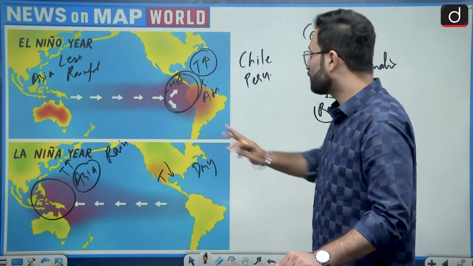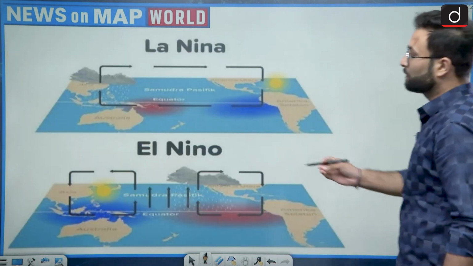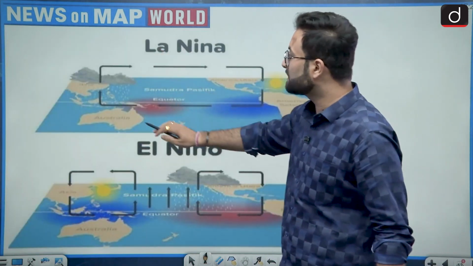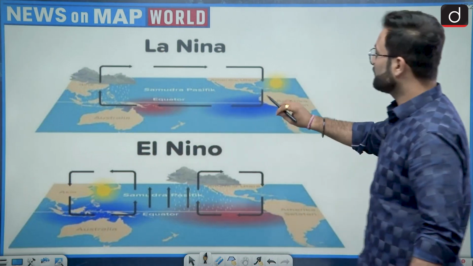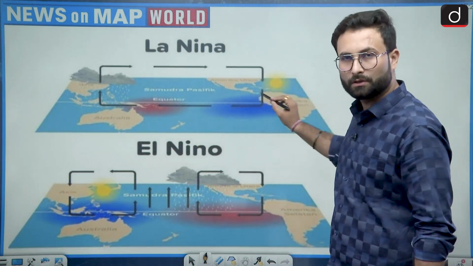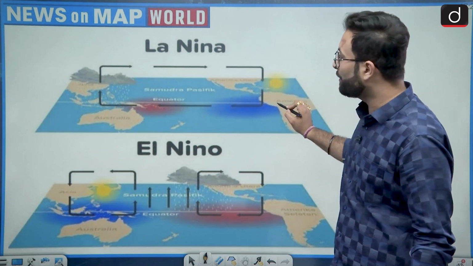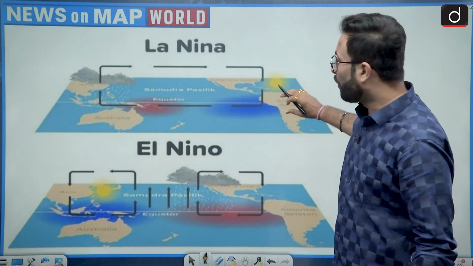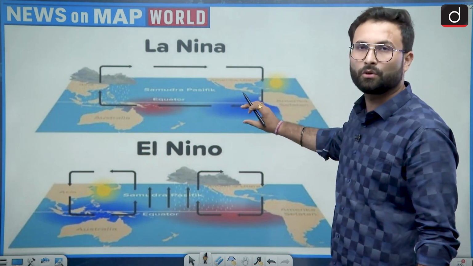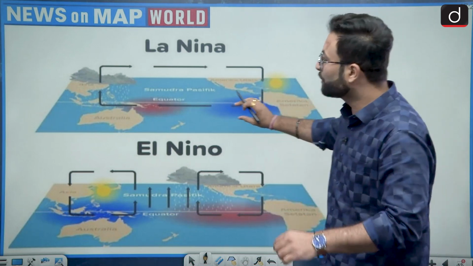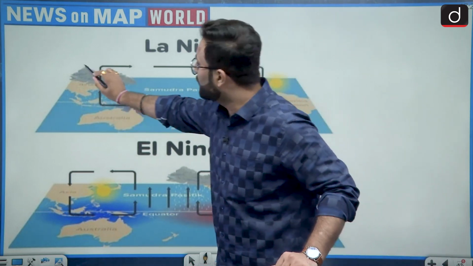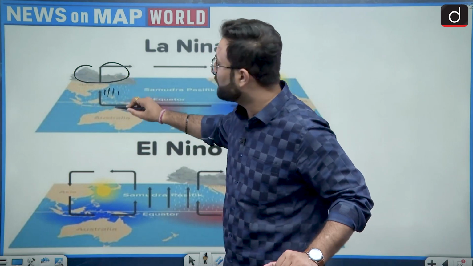Now coming to the next part, to make it easy: La Nina. From this area of America, you can see the hot ocean winds moving towards Asia, and here there will be cloud formation, and ultimately rain in Asia.